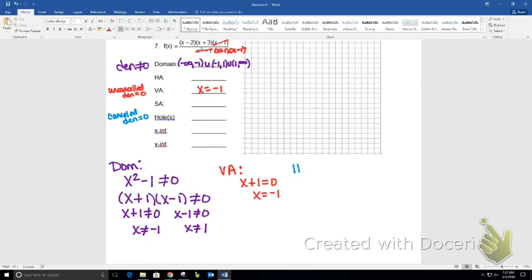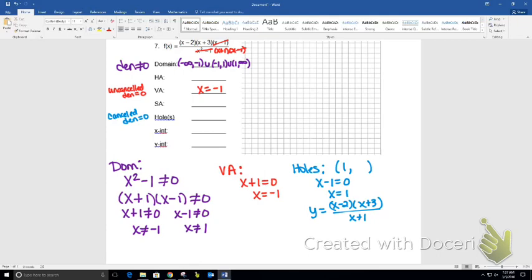Alright, so for holes, did I have anything cancel? The x minus 1. So set it equal to 0, and we get x equals 1. But remember, a hole is an ordered pair, so it's going to be 1 comma some y value. How do you find that y value? Plug x back into the simplified equation. So your simplified equation is x minus 2 times x plus 3 over x plus 1.